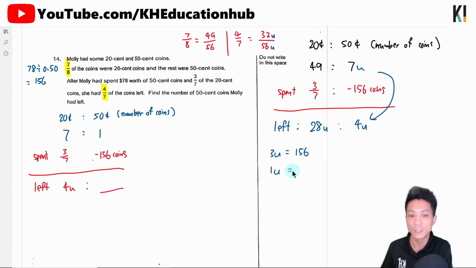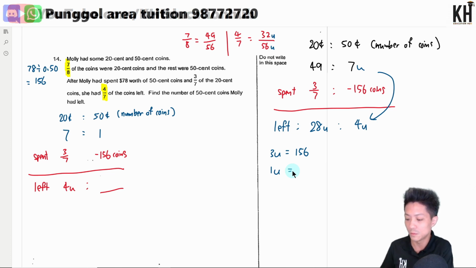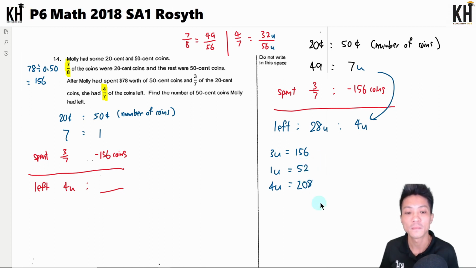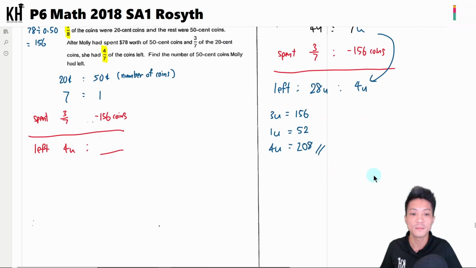Okay, 1 unit will be equal to 52, and so 4 units will be equal to 208. Okay, so 208 will be the answer.